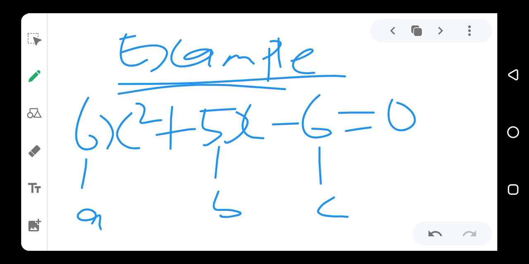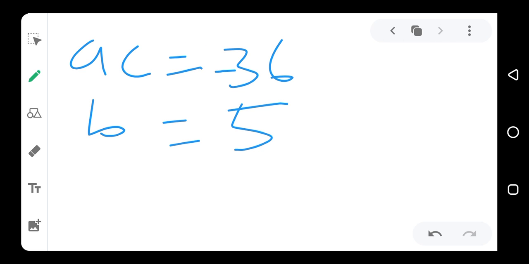And b is plus 5. So the question now is, what are the two numbers that when we multiply them give us minus 36, and when we add them give us plus 5?